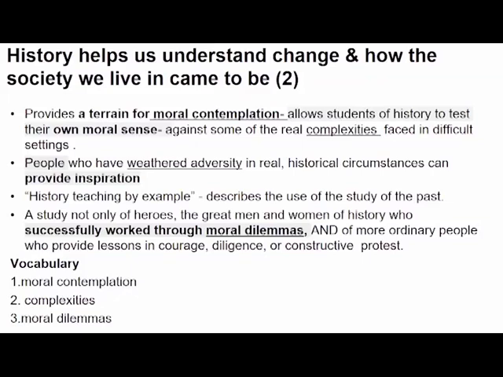History teaching by example. In other words, it describes the use of the study of the past. And then, as such, it is not a study of heroes only, but the great men and women of history who successfully worked through moral dilemmas, and also ordinary people who provide us with lessons in courage, diligence, and constructive protest.